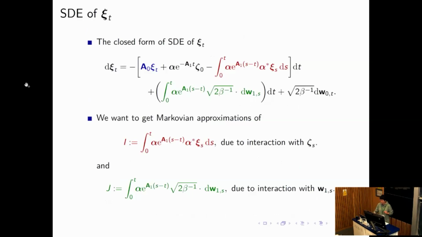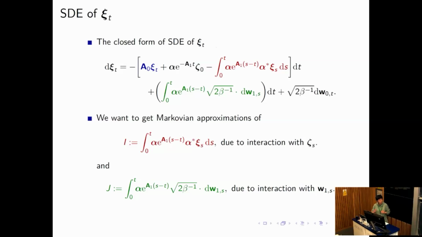Here we have the exact equal sign, and the dynamics of Kc depends on the initial condition of the under-resolved variable. The red term comes from the memory effect because we ignore the interaction between Kc and Xi.